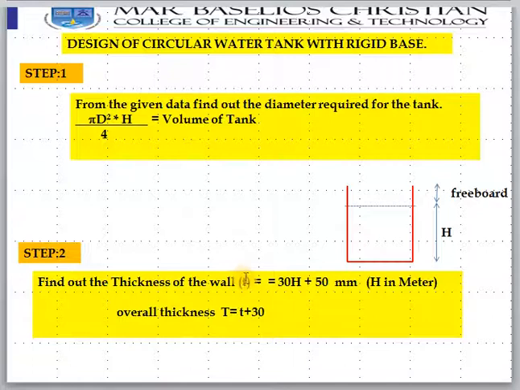Once you get small t, there is the overall thickness. Let us say the water tank wall is like this.